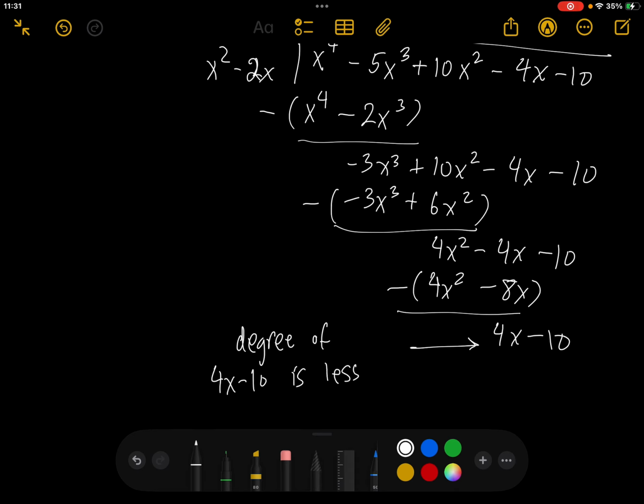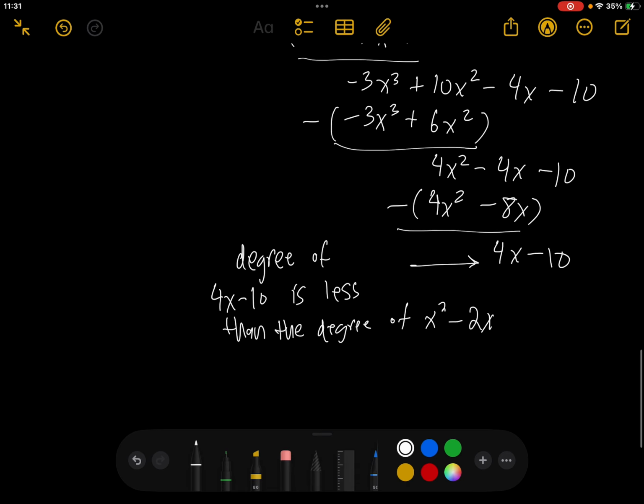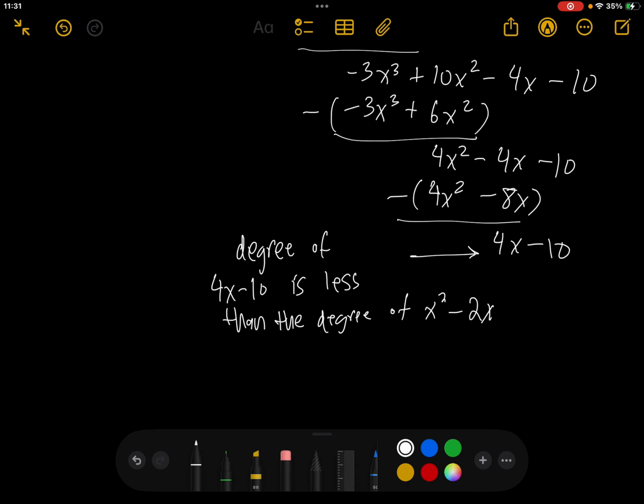That is less than the degree of the divisor, x squared minus 2x, right? The thing I'm dividing by has a bigger degree than what I get. So when I have something like that, that is the remainder. It's just the part that I have left over.